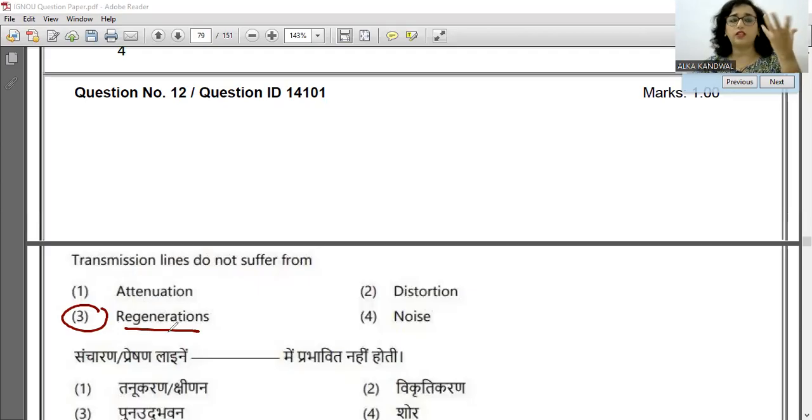So it suffers from attenuation, it suffers from distortion, and noise does affect the transmission lines. But if you want to re-amplify and regenerate the signal, repeaters are the devices that will be used.